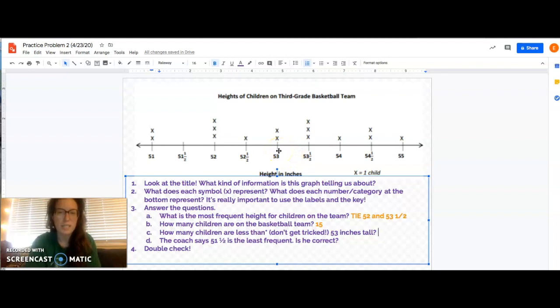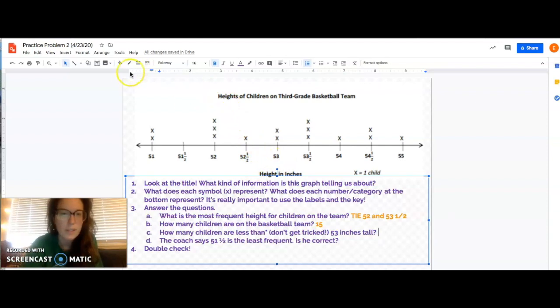Sometimes people get tricked on questions like this and they say less than 53. Okay, so it's the ones that are on 53, 52 and a half, 52, but the question says less than 53. 53 is the number 53. It's not less than 53.